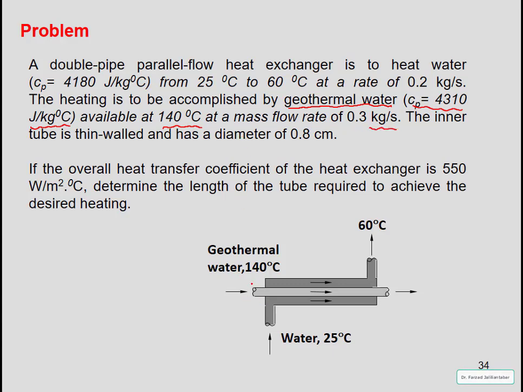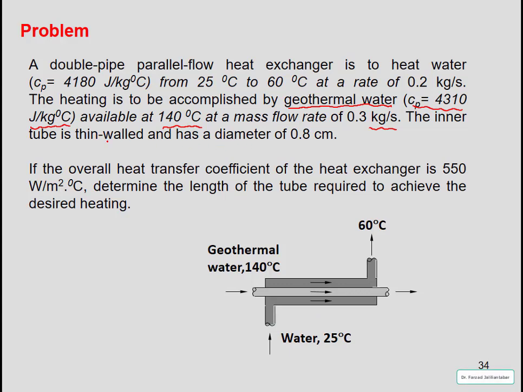As you can see here, this is the hot water in the inner tube, whose initial temperature is 140 degrees Celsius, and the cold water in the shell side, or second pipe, is the cold water.